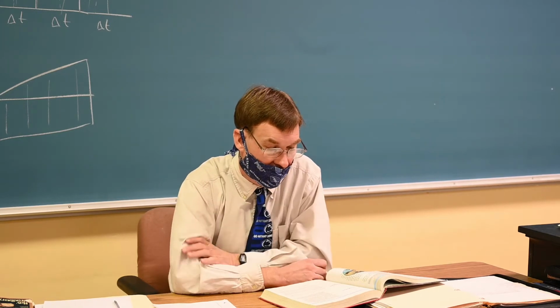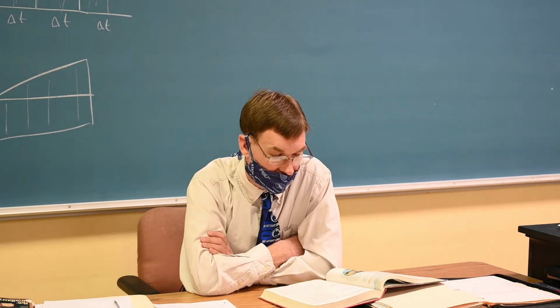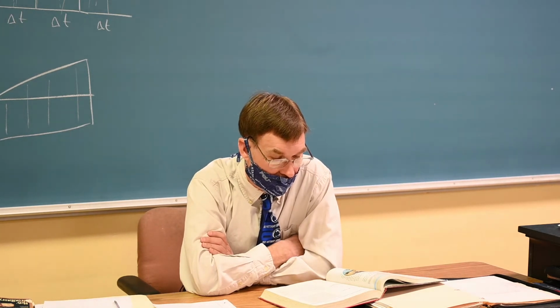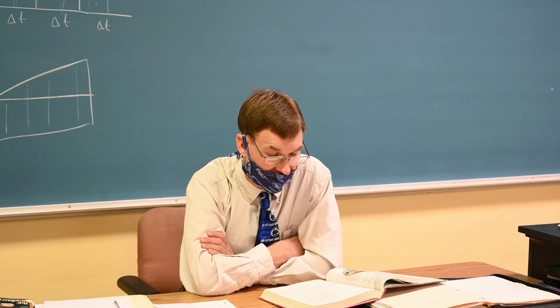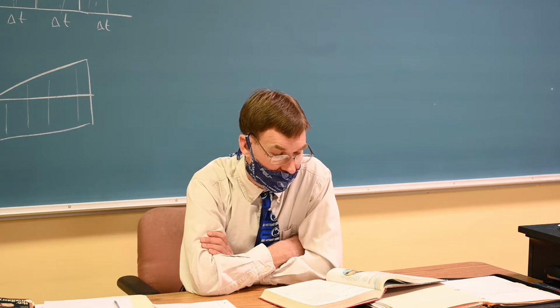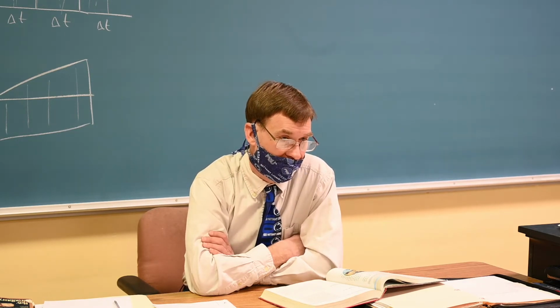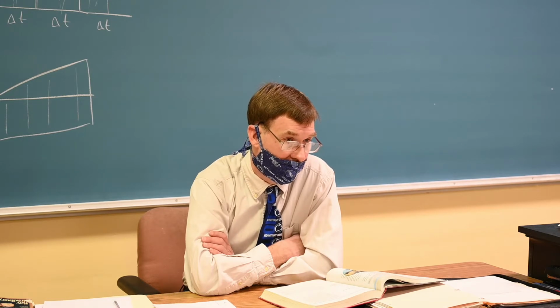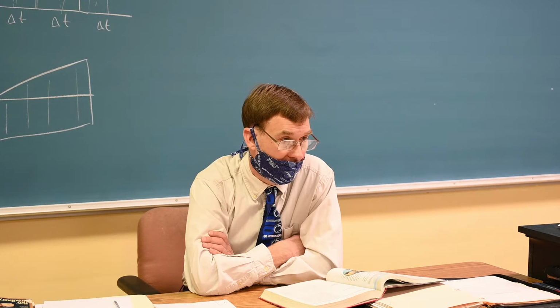It says the formula D equals RT, distance equals rate times time, for calculating distance traveled, can only be used if the rate doesn't vary over time. If the rate does vary, we have to find the distance some other way. Like if you got in your car and you set your cruise control at 50 miles an hour and you traveled 6 hours, the distance you go is just 50 times 6, you went 300 miles.